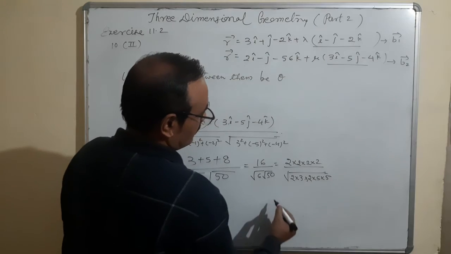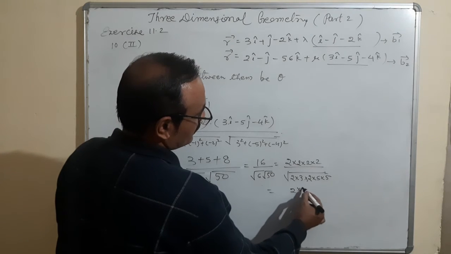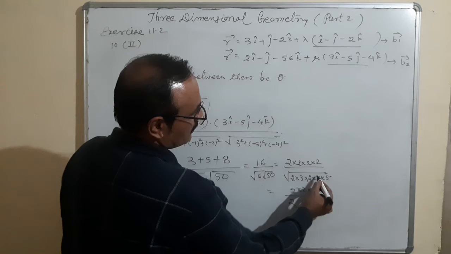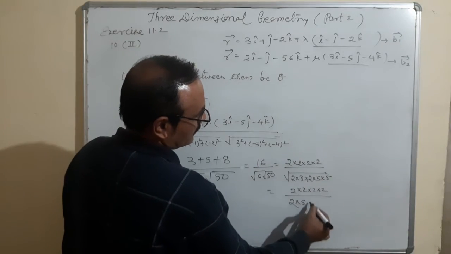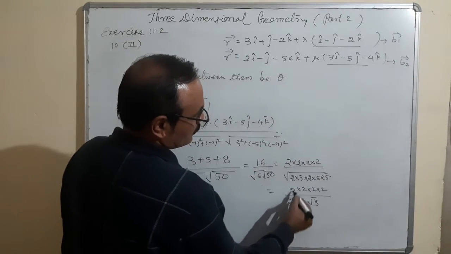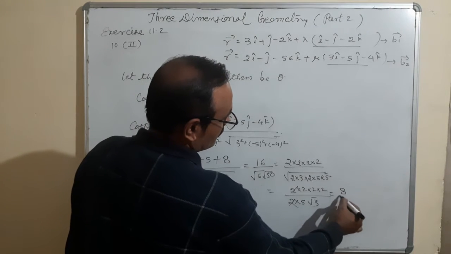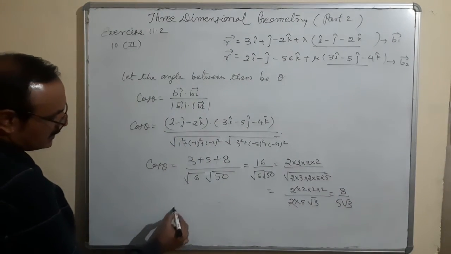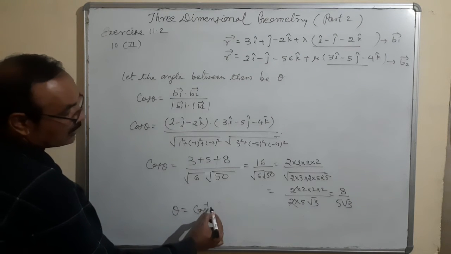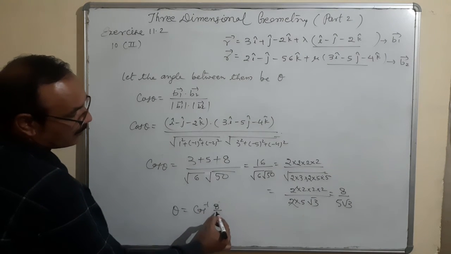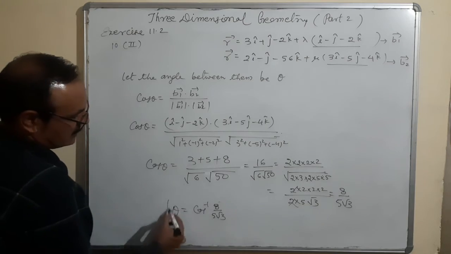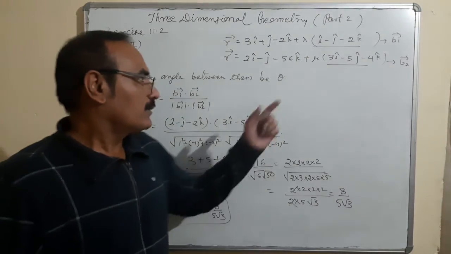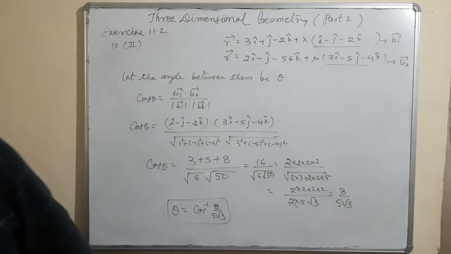One pair of 2 is out, one pair of 5 is out, only root 3 is left. So 2 is cancelled, and cos theta is equal to 8 upon 5 root 3. Therefore theta is equal to cos inverse of 8 upon 5 root 3. This is the angle between the two lines.